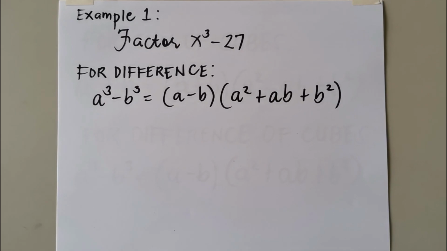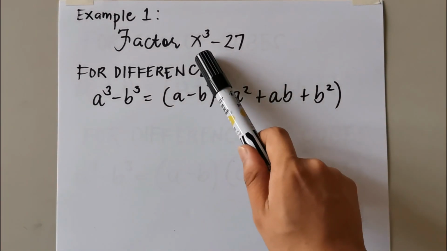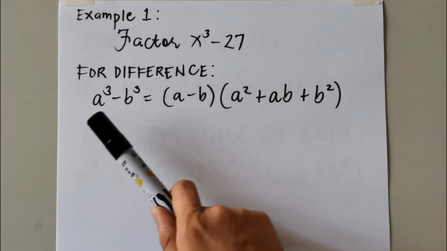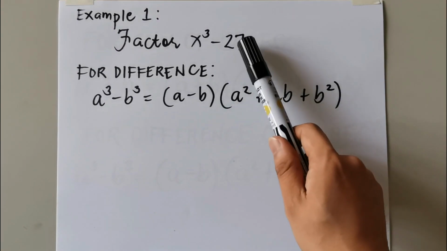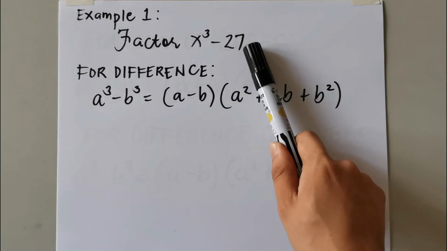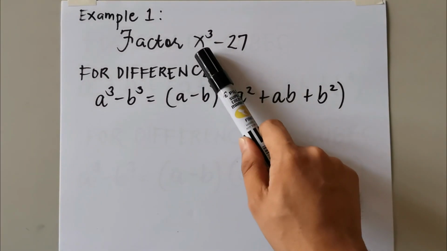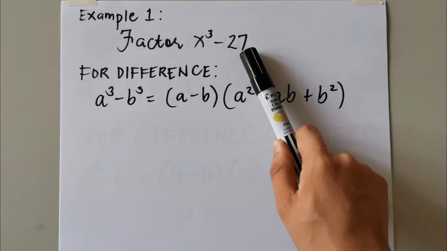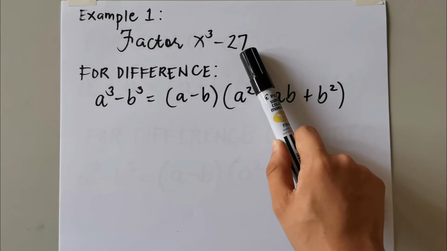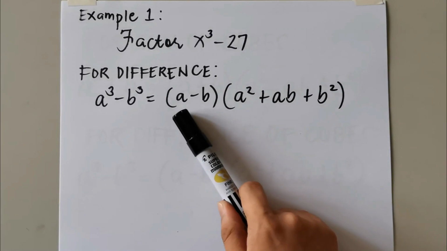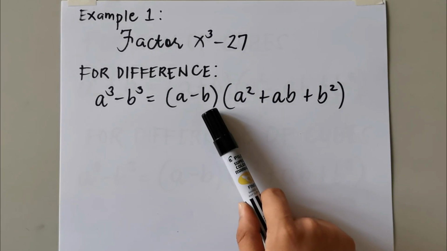The first thing that you have to know is that this x cubed represents a cubed, and this 27 represents b cubed. And therefore, we will have to get the cube root of x cubed and 27 first, because we need to find the value that should represent a and b.